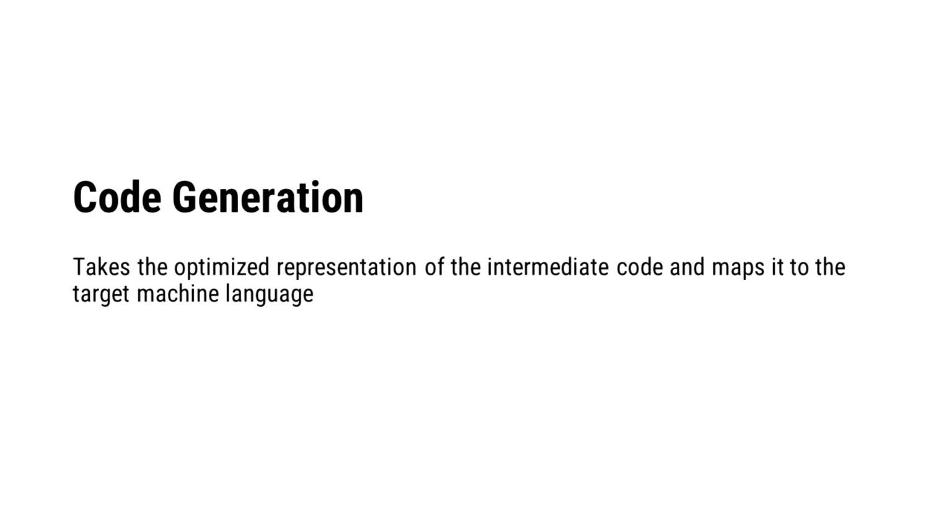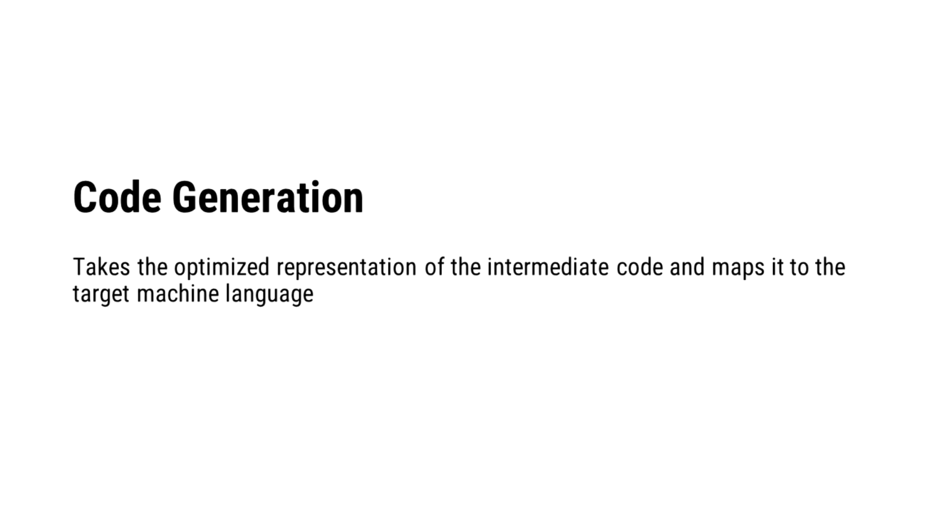In this phase, the code generator takes the optimized representation of the intermediate code and maps it into the target machine language. Now, when we say target machine language, we mean something like assembly. This target machine language is dependent on the machine, whether we use 8086 or whichever processor we use.